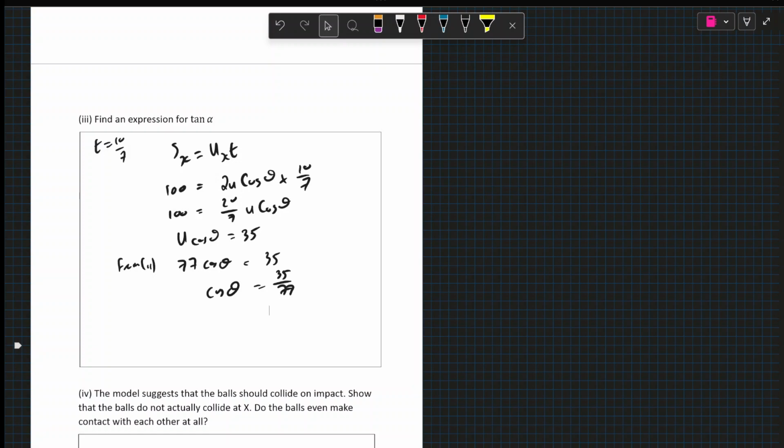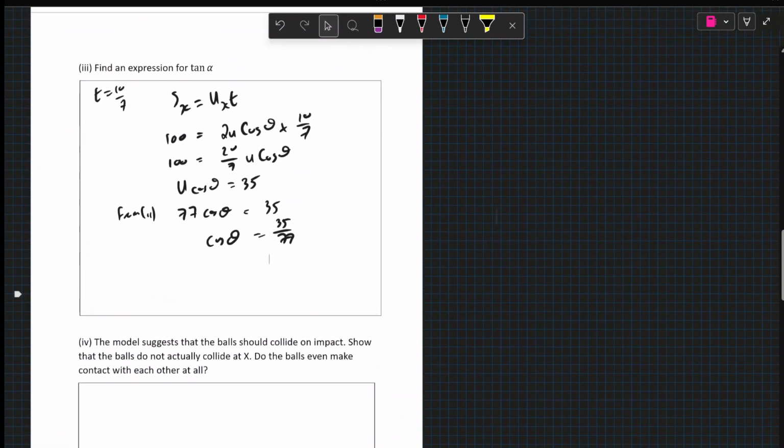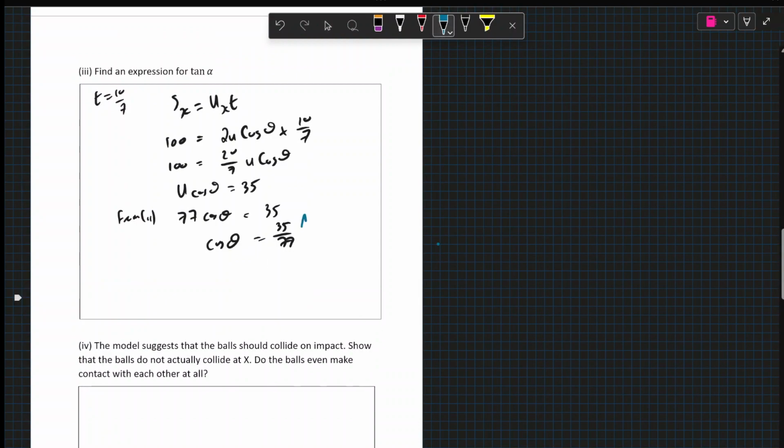So now that makes sense. So this is adjacent and hypotenuse, and we want tan, which is opposite and adjacent. So this is 35, that's 77. So this x is just the square root of 77 squared minus 35 squared.